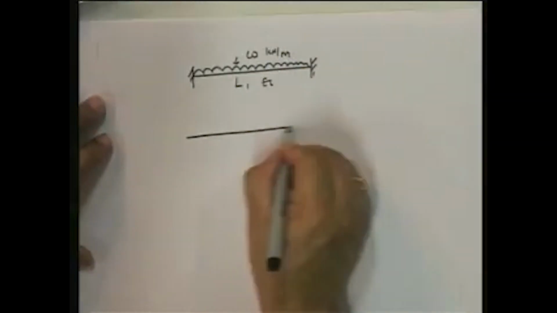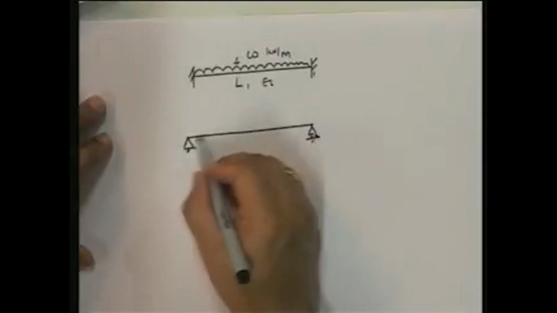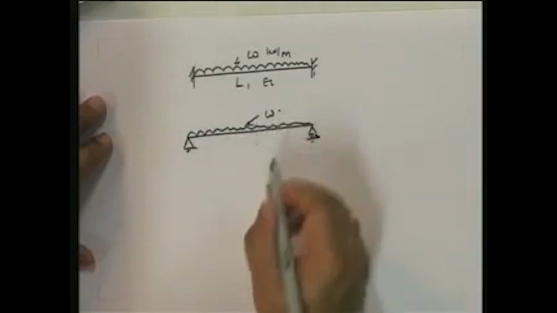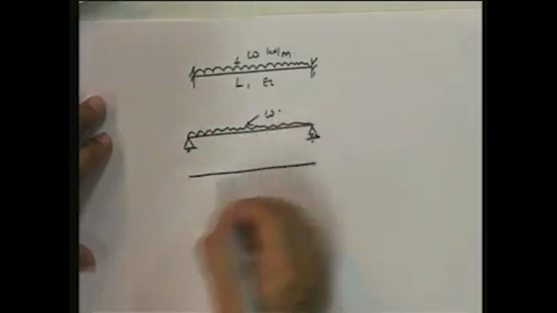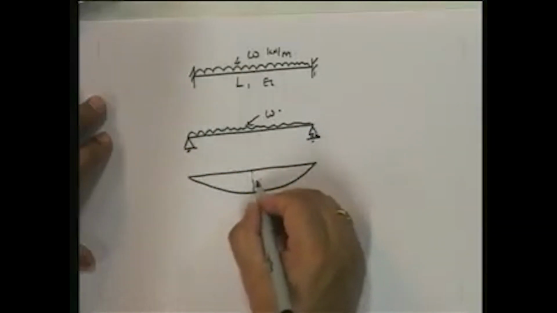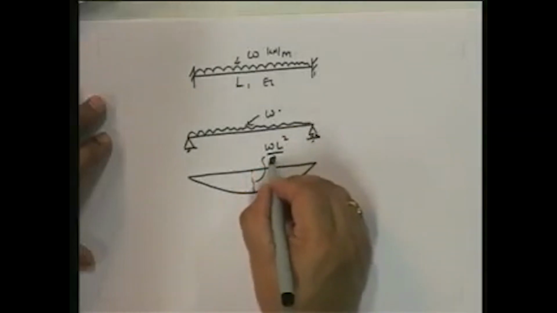Well, take simply supported and take UDL with W. What's my bending moment diagram look like? My bending moment diagram is a parabola where this is equal to WL squared upon 8.